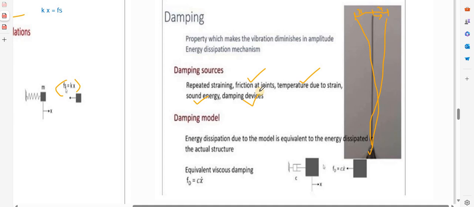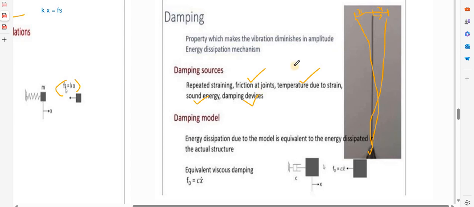When I am planning a building like that, I need to plan this damping: how to reduce it, how to increase it. I will be giving artificial damping mechanisms. There are different mechanisms, which we will study in the 5th module. A small introduction will be given in the 5th module. That will be the application level of this damping.